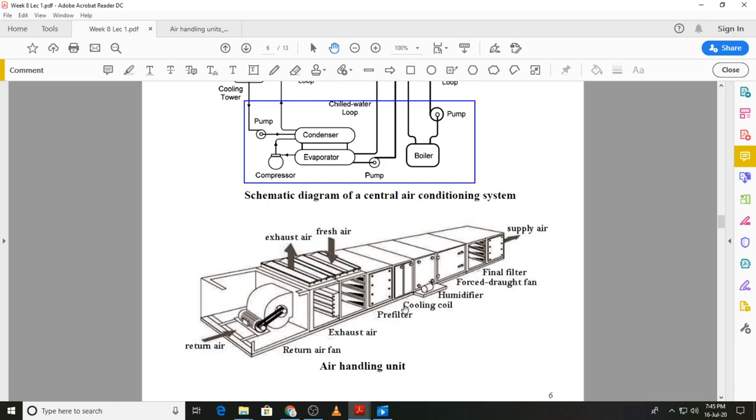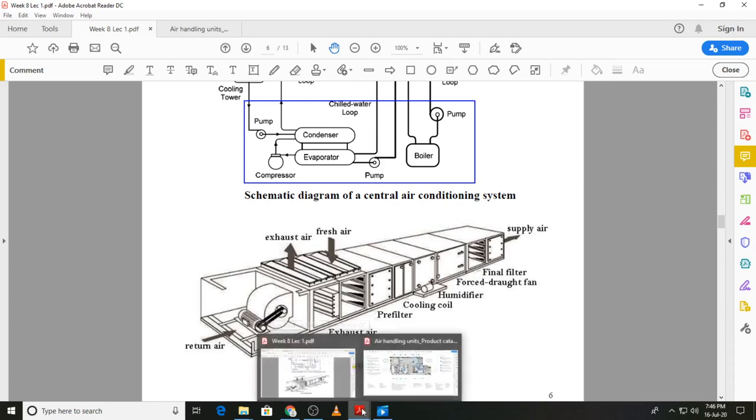So that is how an air handling unit would look like, and I will show you an actual photograph of an air handling unit, and then we will also look at a video showing the use of AHUs in a central air conditioning system. So I will just show you a photograph of an AHU.